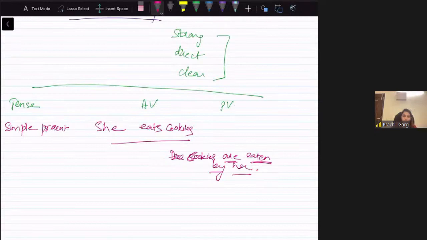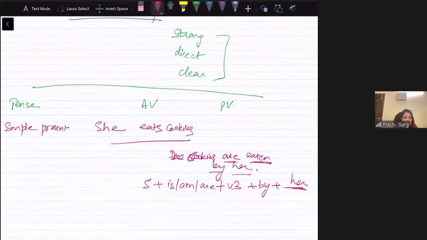When we are changing from active voice to passive voice, we have subject, we add is, am, are, plus the third form of the verb, plus by, and the subject will become object here. Here, she will become her. Am I clear?